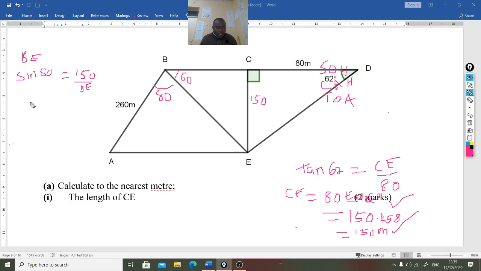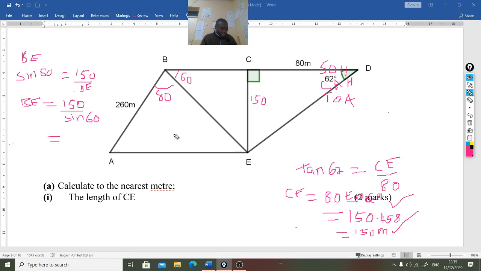So to get BE equals 150 all over sine of 60. 150 divided by sine of 60.